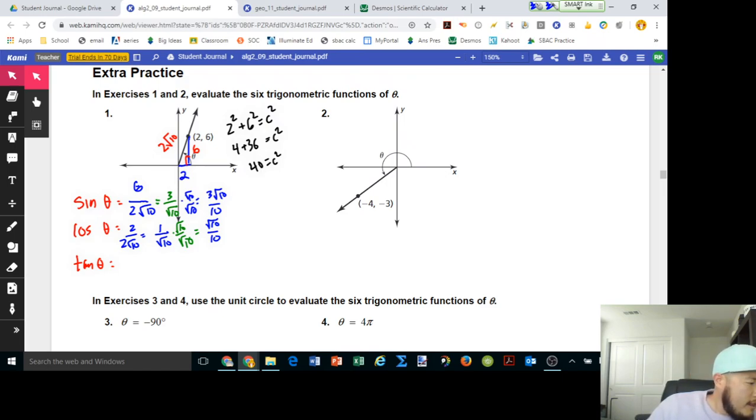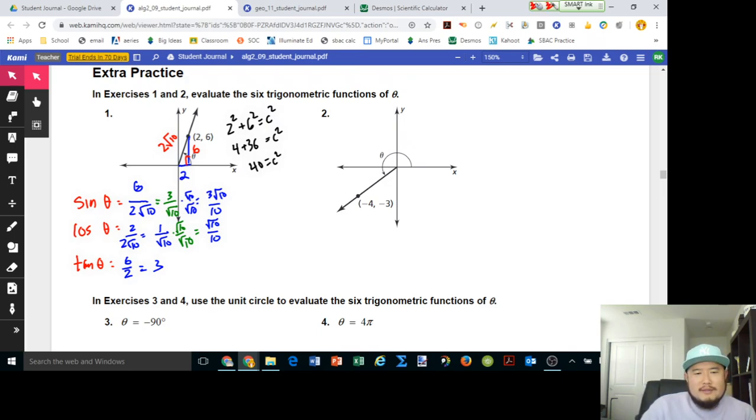And finally, tangent is the easy one because it's opposite over adjacent, and it works out nicely where they're both whole numbers. We have 6 over 2, and we get our answer of 3.